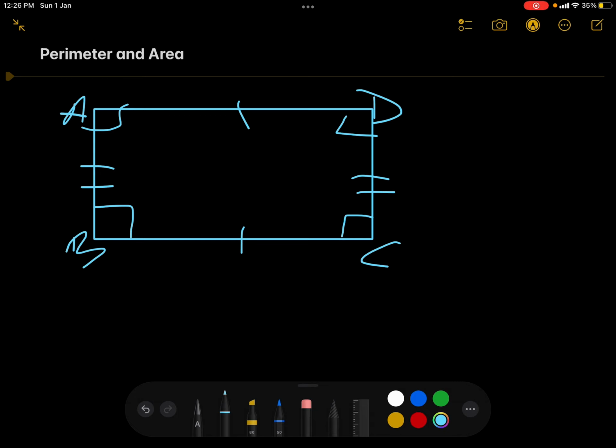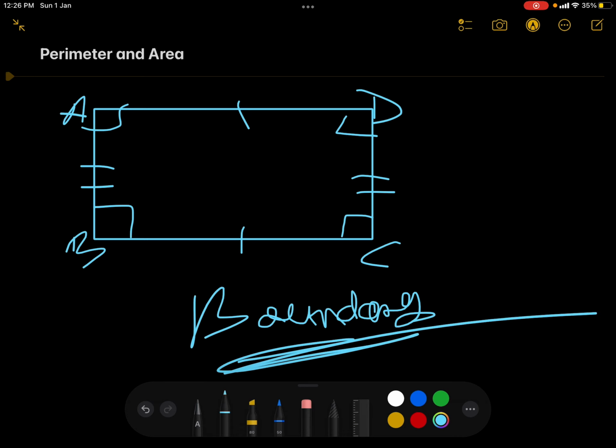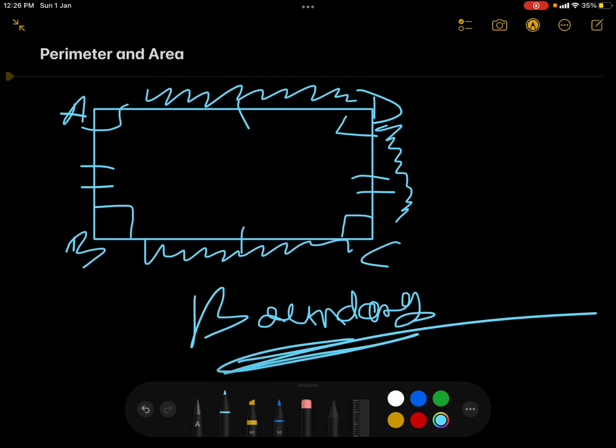Perimeter of a figure is basically its boundary. So the boundary of a figure is your perimeter. I hope it is extremely clear. So the boundary of a figure is basically this plus this plus this plus this. This is basically your perimeter or the boundary of your rectangle.